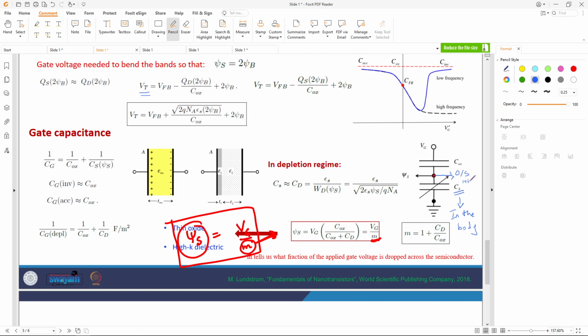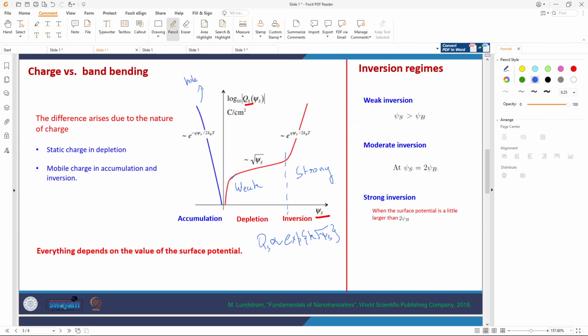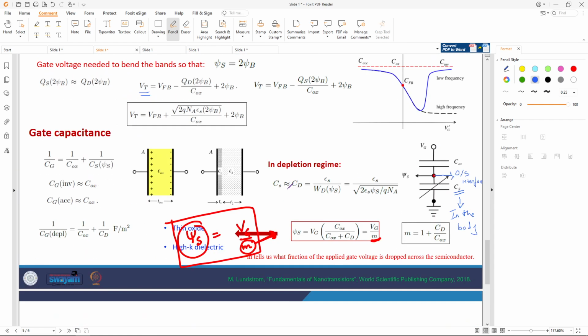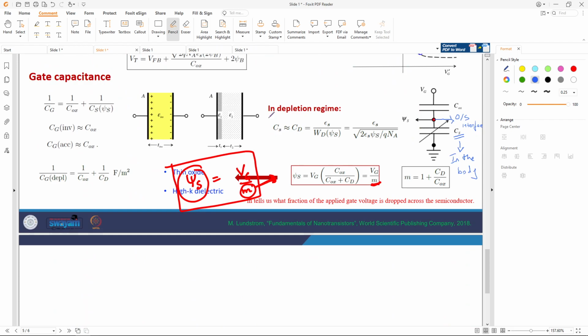What essentially happens in the depletion regime, where we call the weak inversion, where charge depletion is occurring over here, is that the effective capacitance is closer to the combination of these two quantities, the device capacitance and the oxide capacitance.